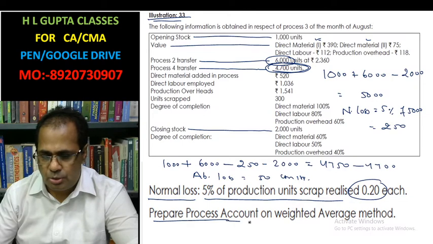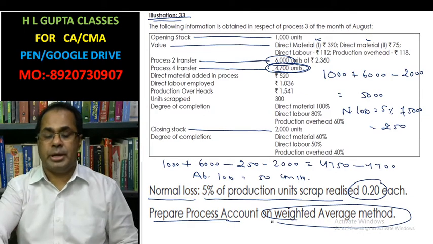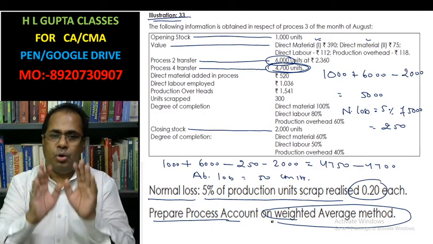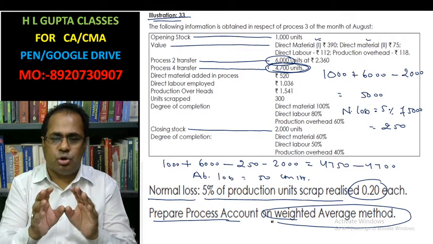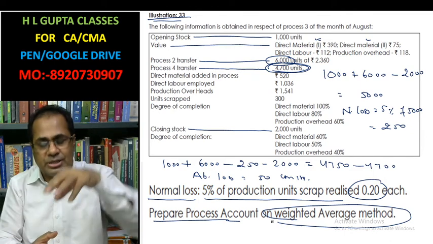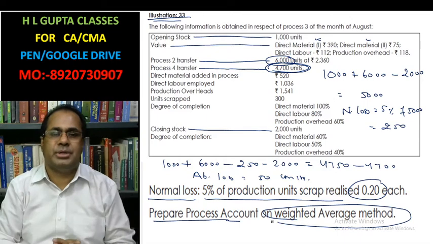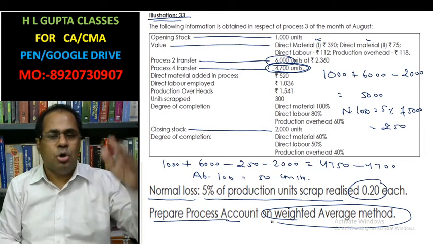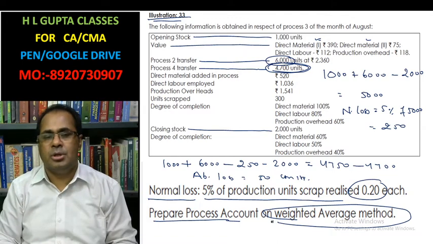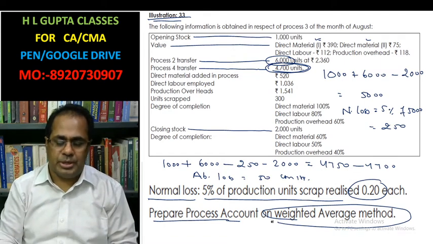Prepare the process account under the weighted average method. In this case, opening stock is assumed to be completed under the same process. It is assumed that no work was done in the last process. All work under opening stock is done in the current process. It is not done as per the FIFO method.